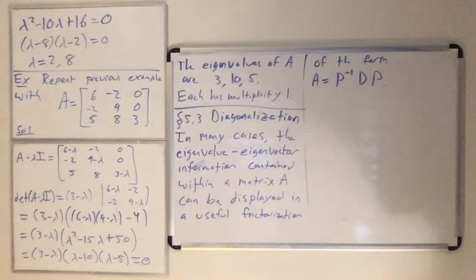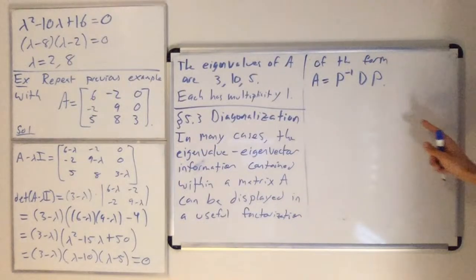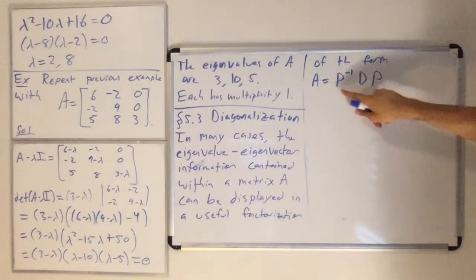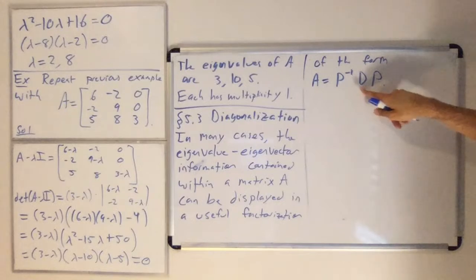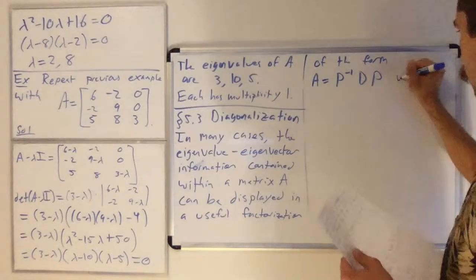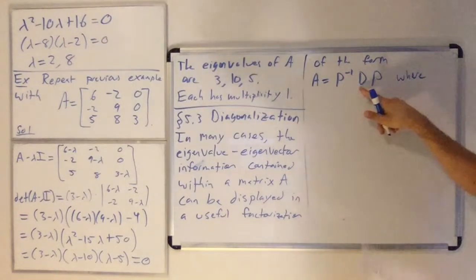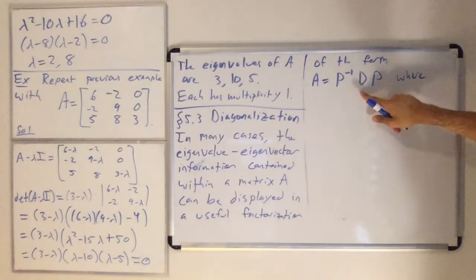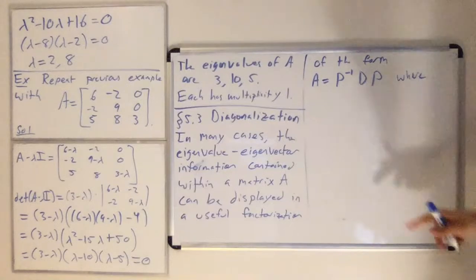Okay, so we're going to take our matrix A and write it as this product, P inverse D P. Each of these are matrices. We don't know what they are yet, but D will be a diagonal matrix, meaning the only non-zero entries of D are on the main diagonal.